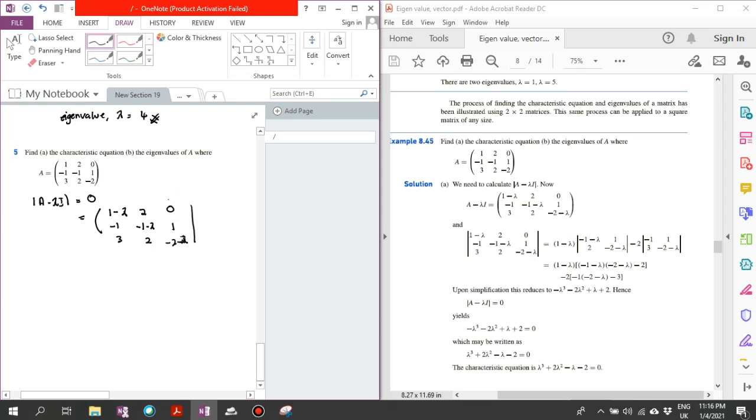If you notice here, the lambda will remain on the diagonal, from the identity. This is your matrix.